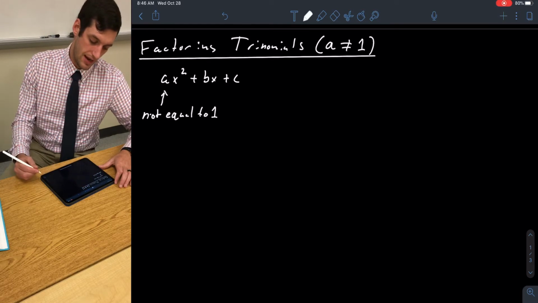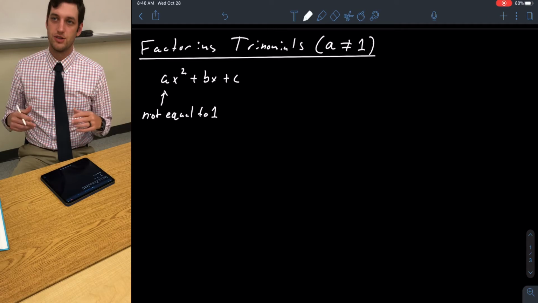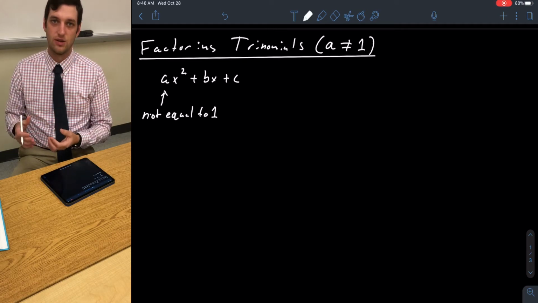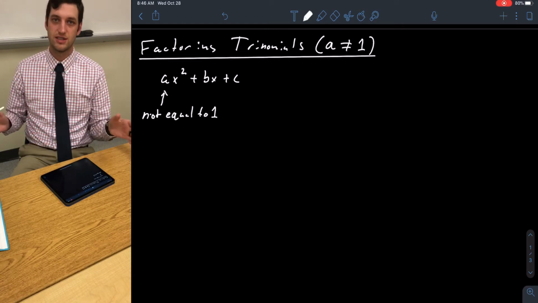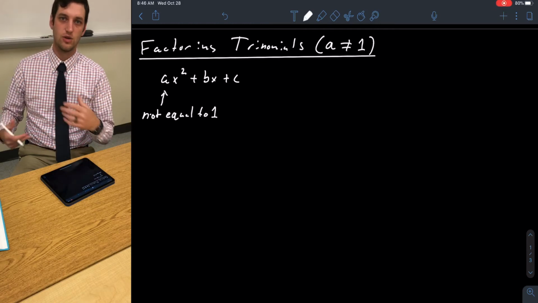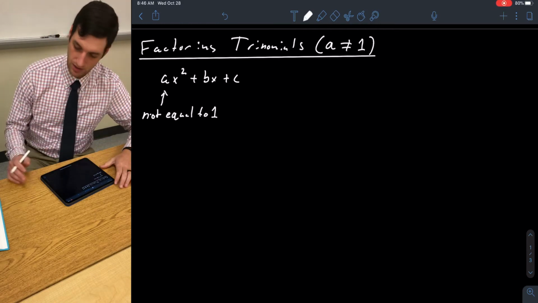So that a value there is not equal to 1. So this is going to be a different style of factoring. We're going to factor it the same way, but we have to add a little bit more steps to it in order to work it out.